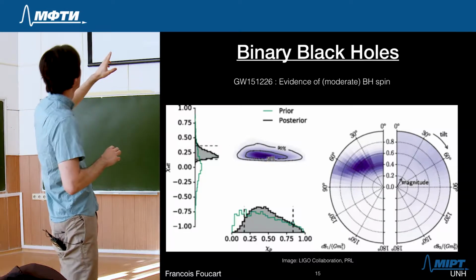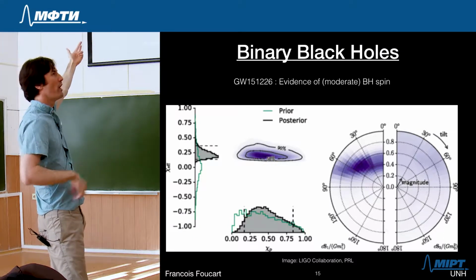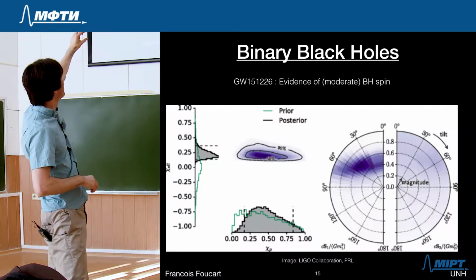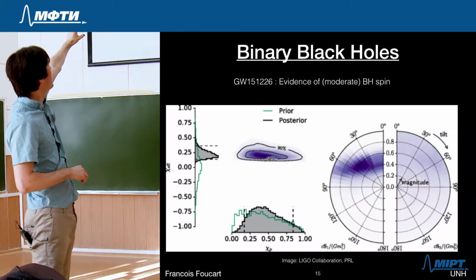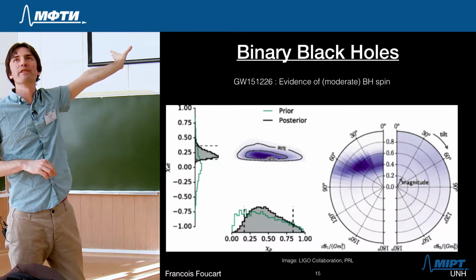You can see that the effective spin for the aligned component is reasonably well constrained to being between 0.1 and 0.4, something like that, while the precessing component of the spin is basically unconstrained.